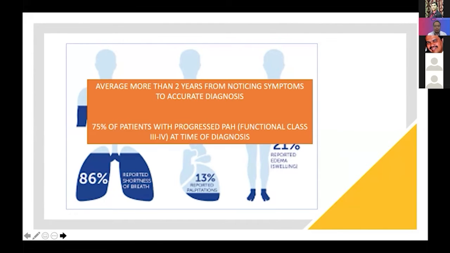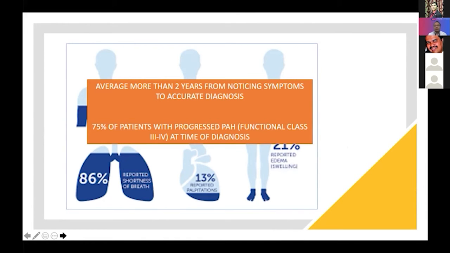This is really important because on average, from noticing the symptoms to an accurate diagnosis of pulmonary hypertension and its etiology for treatment, it takes 2 years. And by that time, 75% of patients have progressed to functional class 3 or 4 at the time of diagnosis. So 3 or 4 is a bad functional class.